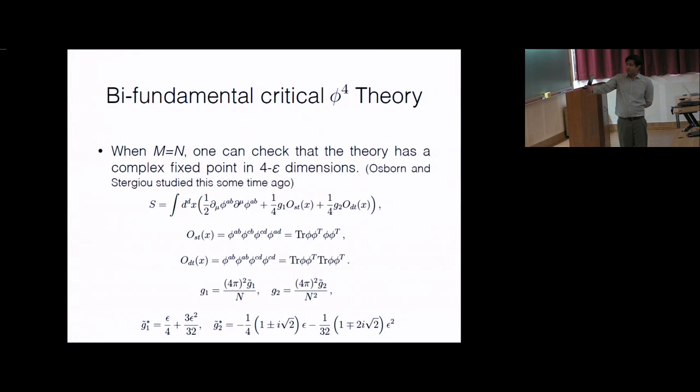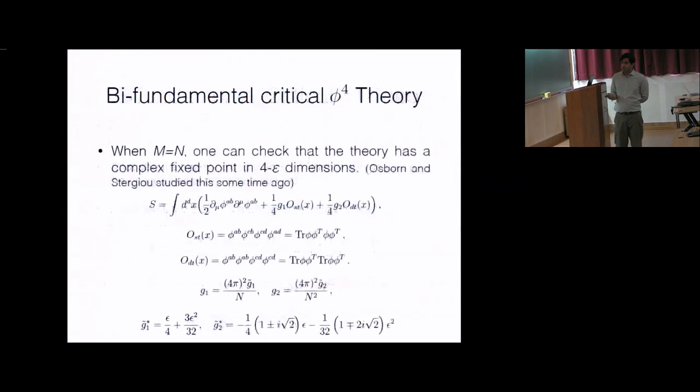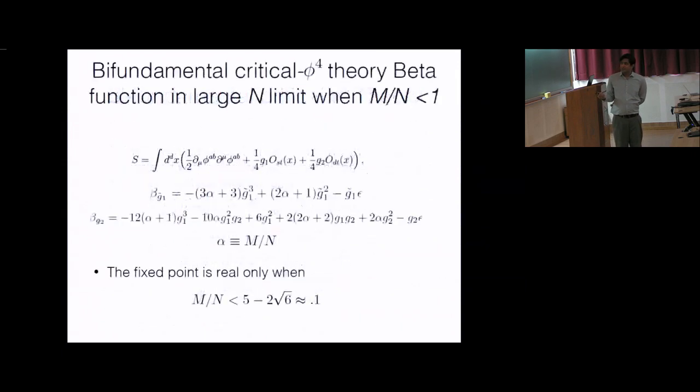So this is the bifundamental with both ranks equal. We know that when m equals 1, there is a real fixed point. It's the usual O(N) vector model. So presumably there's a transition in between. If you calculate the beta function for the O(M) cross O(N) model, keeping m over n fixed, and that's alpha, this is what the equation looks like.